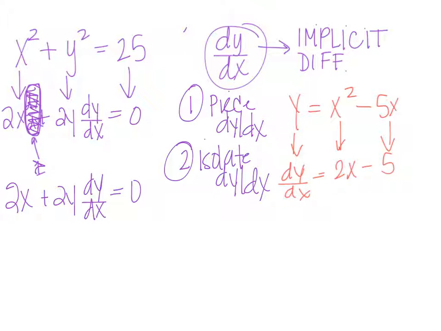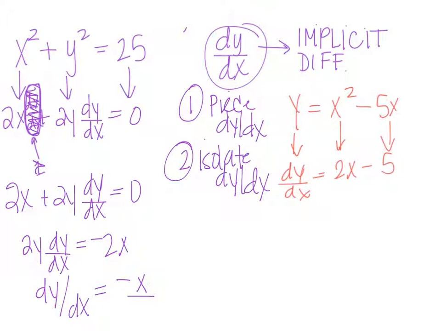Now we have to isolate dy dx, so let's subtract 2x from both sides and divide by 2y. So the derivative of y with respect to x is equal to negative x over y. That is the equation for the slope of the tangent line for this circle.